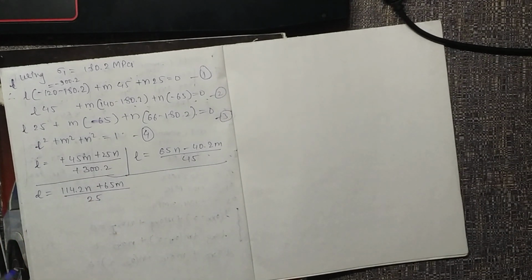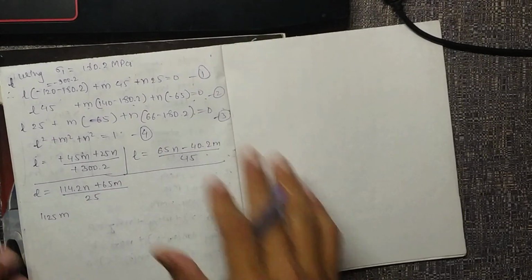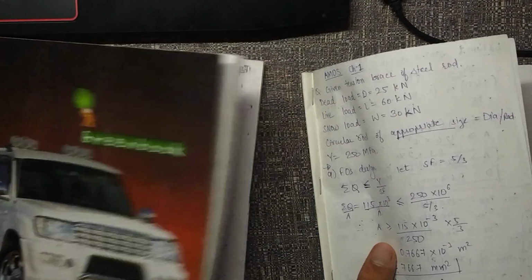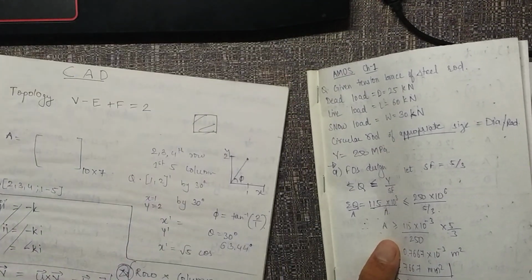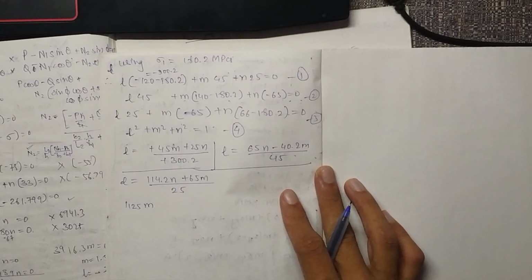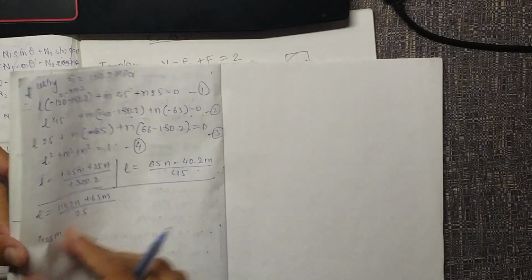So 25 into 45 will be equal to 1125 m. Let me see this to help you. I think it can be better. Okay. So we have very similar answers over here also.